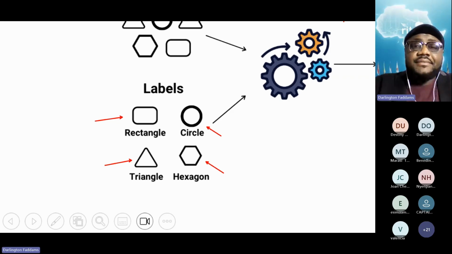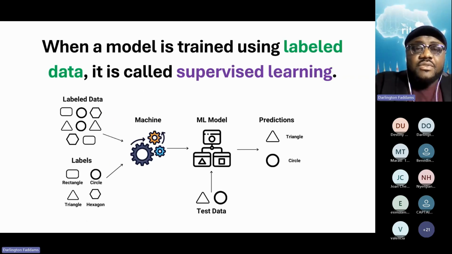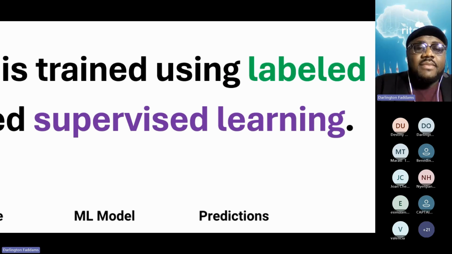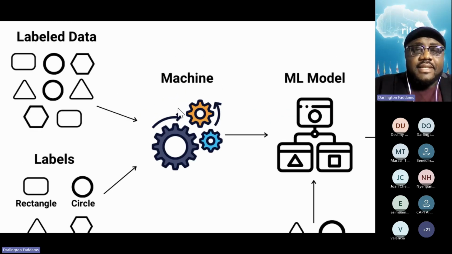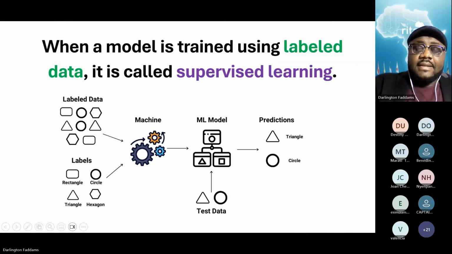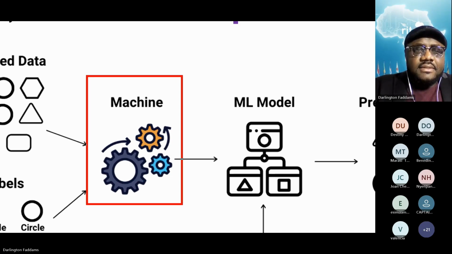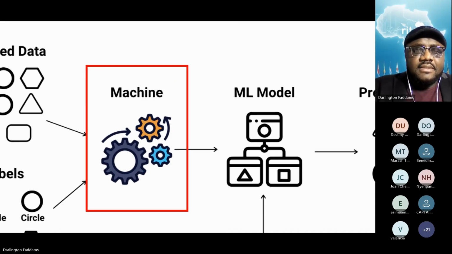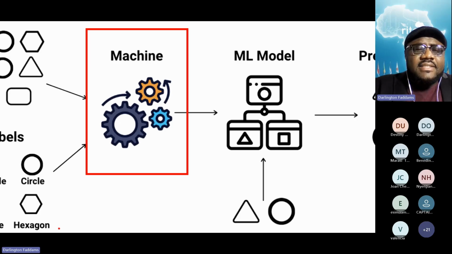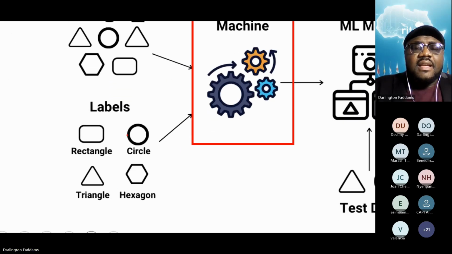And so you are going to see that this machine is going to learn. This is what we call machine learning. It's going to learn out of the little instructions you gave, where you told it what they are called.